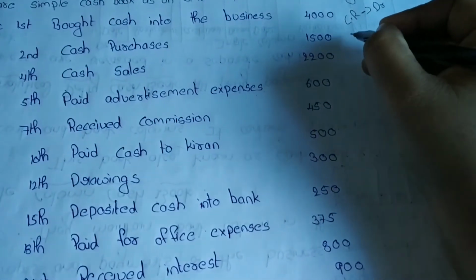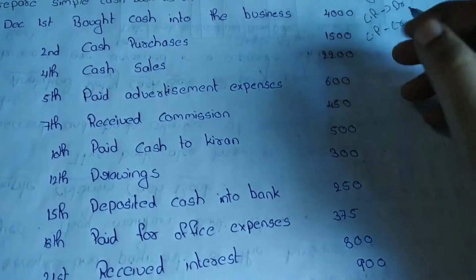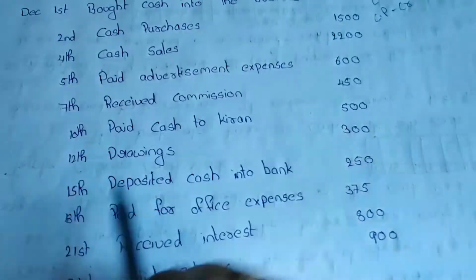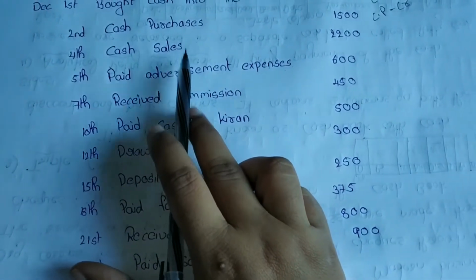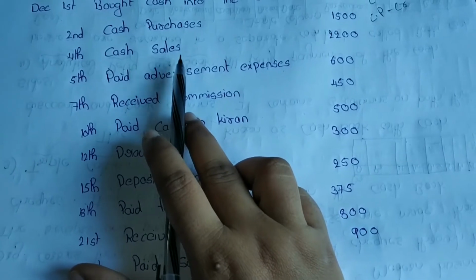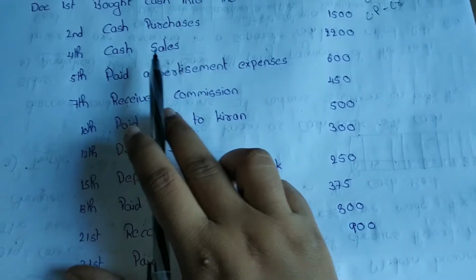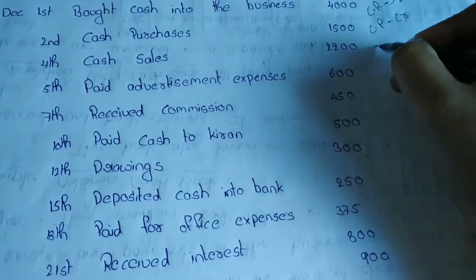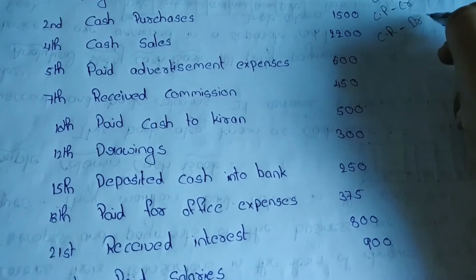It was a cash payment, so it should be recorded on the credit side. And fourth, cash sales. We sold goods for cash, so cash comes into our business. We received cash, so it was a cash receipt.